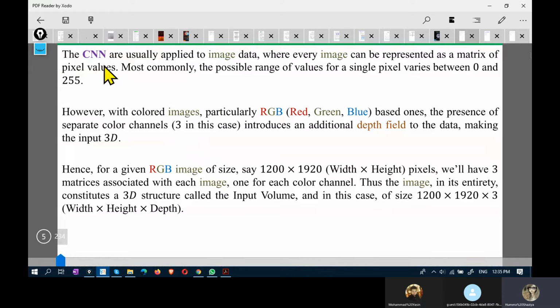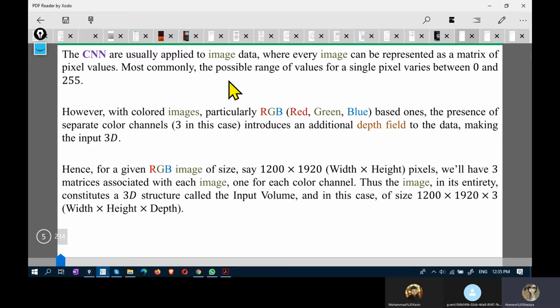CNNs are typically applied to image data. What is an image? An image has different pixel values for RGB if it is color, or only grayscale values if it is a black and white image, to represent various parts of the image.